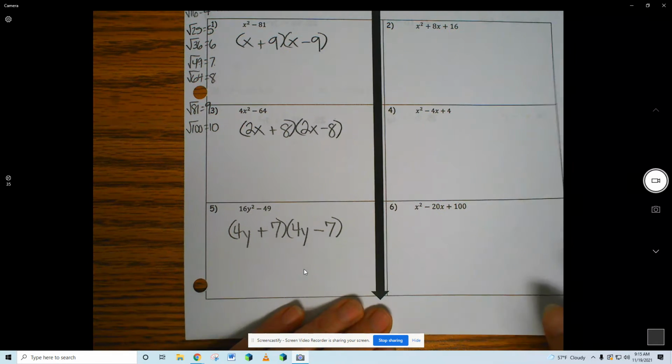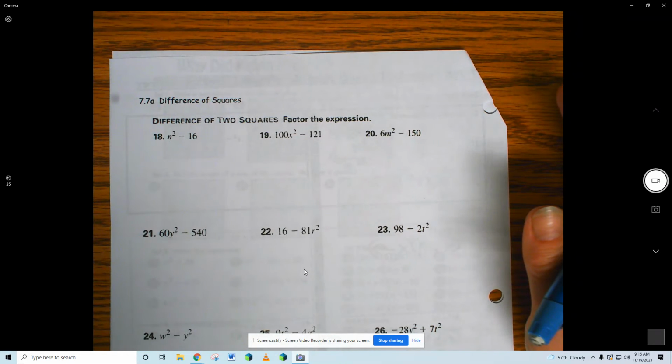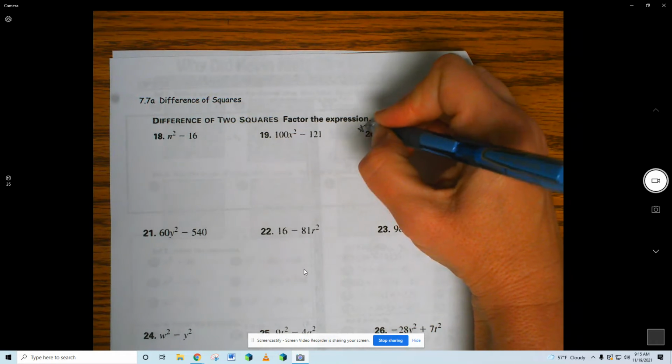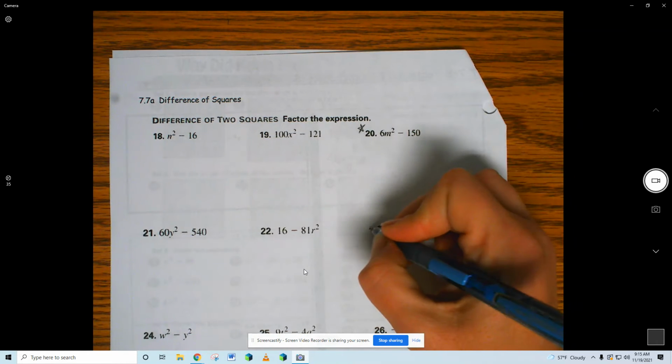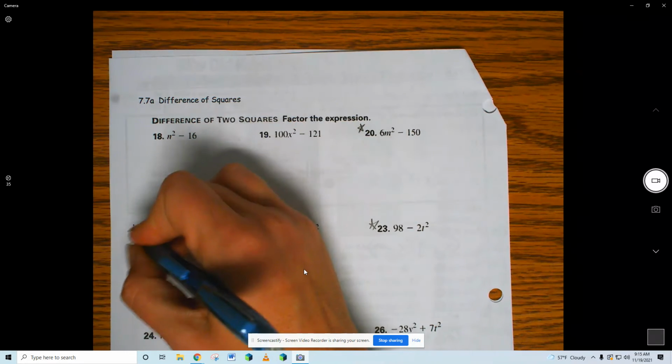Okay, this is 7.7a, which means I'm going to go here and practice 7.7a. And it occurred to me that I need you to cancel out. Well, 20 is special. 23 is special. 21 is special.